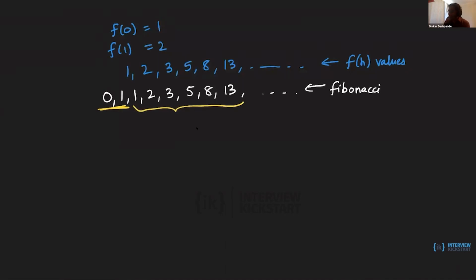So the f that we are talking about is basically the Fibonacci sequence with the first 2 values eliminated. So f of h in general you can say is the h plus 2th Fibonacci number. So this is the 0th Fibonacci number, this is the first Fibonacci number, this is the second Fibonacci number, and so on.